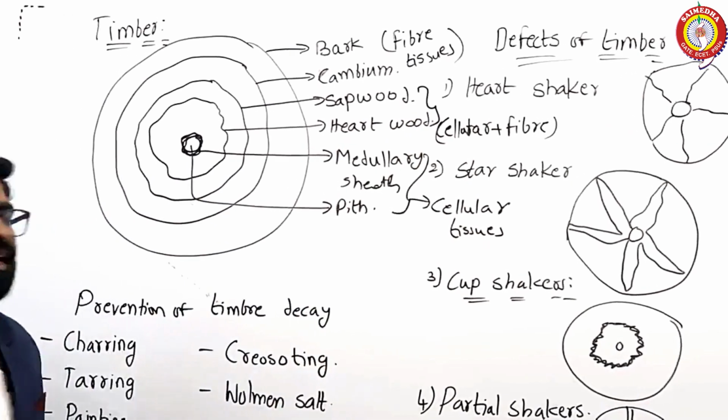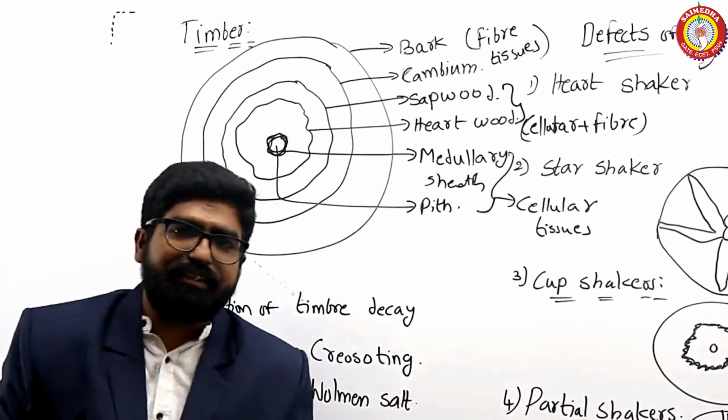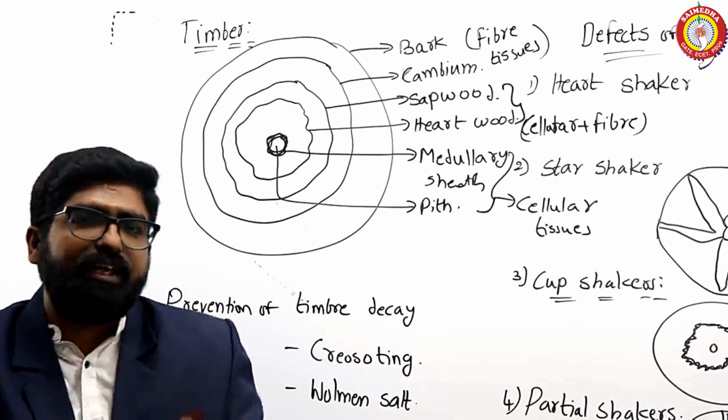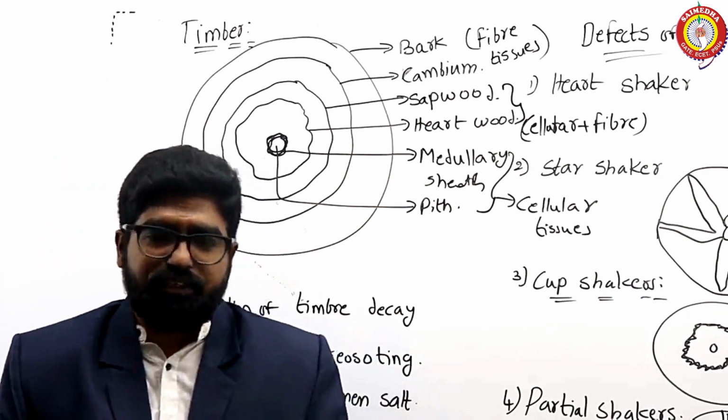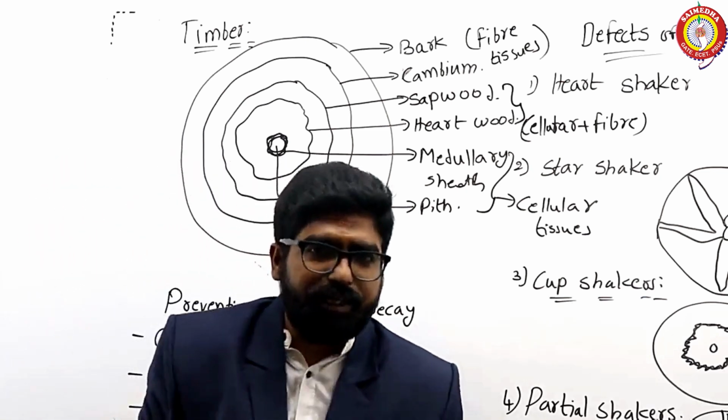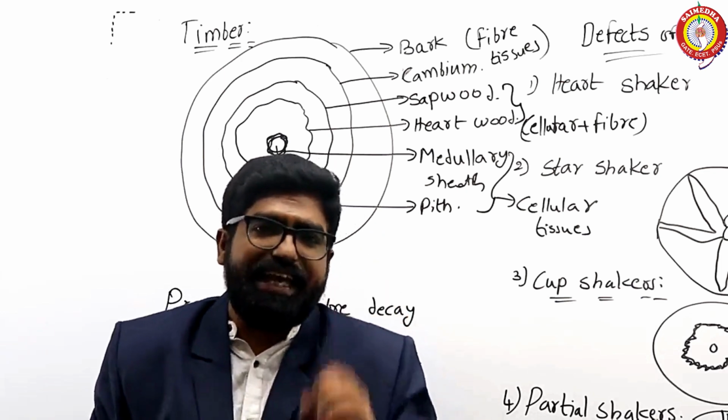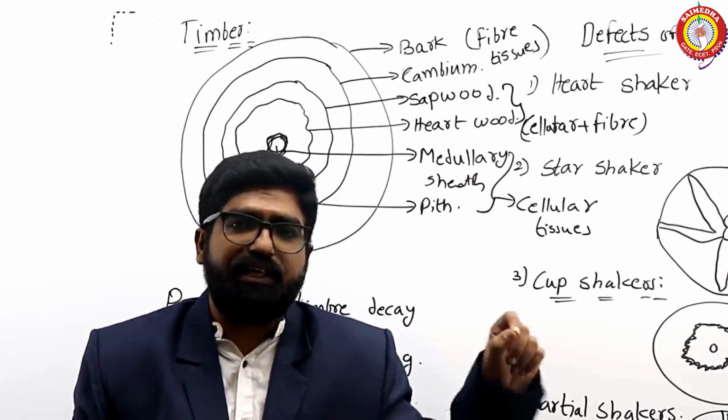The sapwood and hardwood also have annular rings. Using these annular rings we measure the age of a timber. This is an important question, try to remember: annular rings determine the age of the timber by counting the number of annular rings.